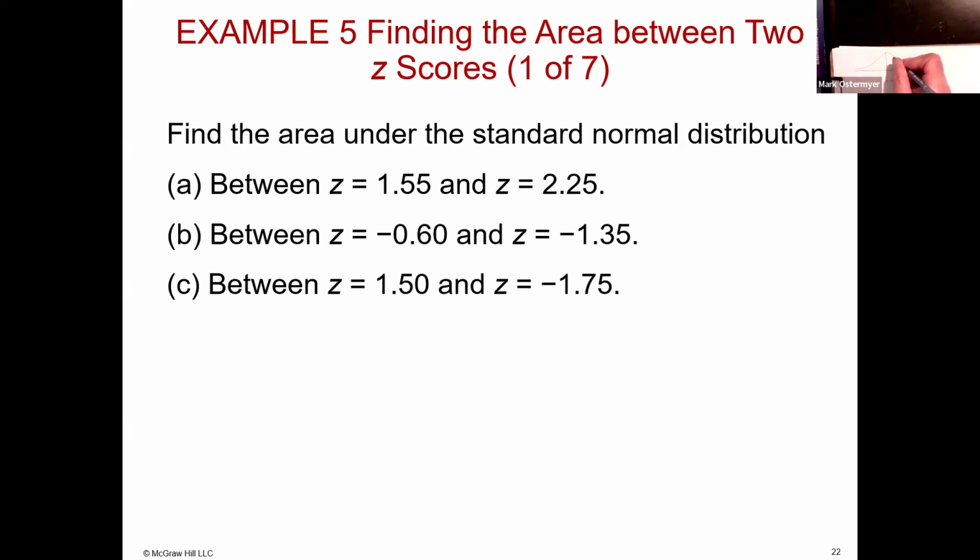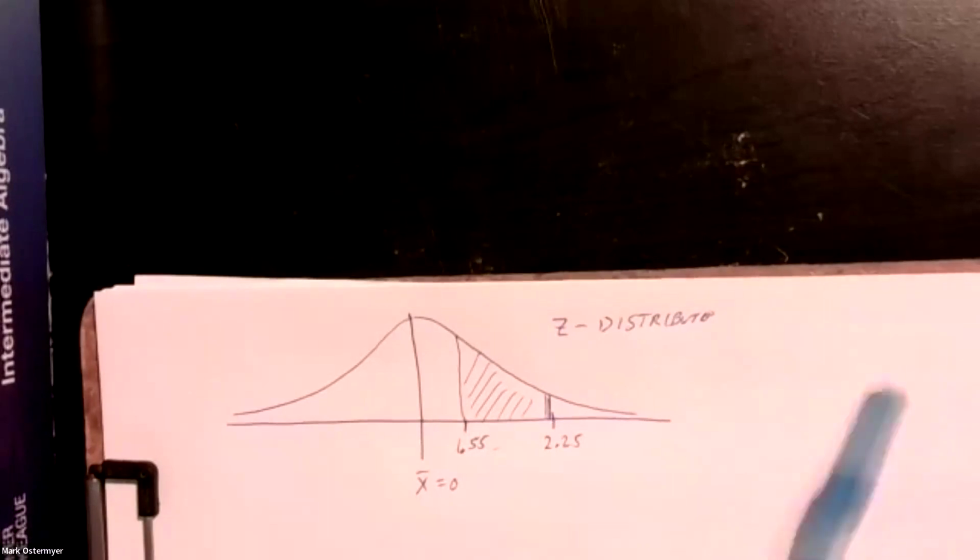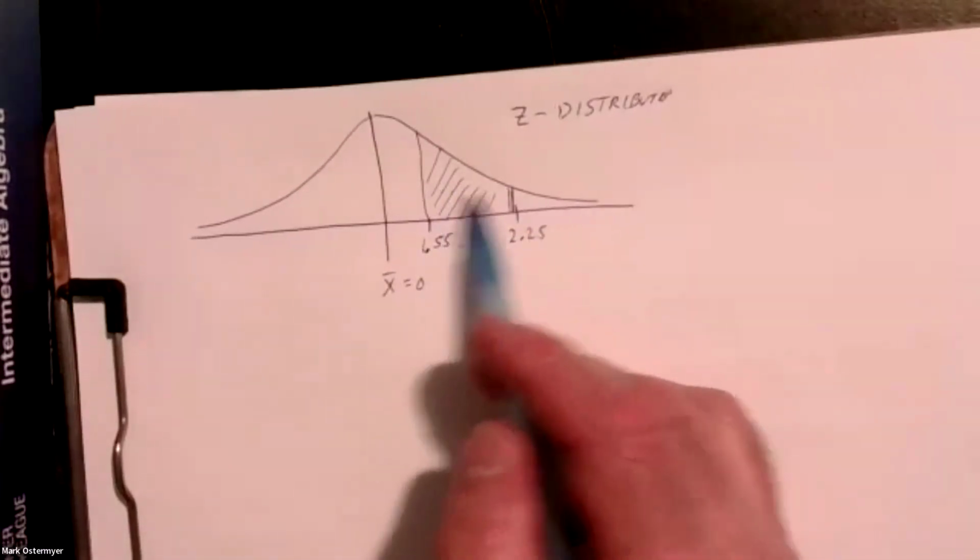So to find the area between these two values here, underneath the standard normal distribution curve, sometimes we call it the z distribution, you have to find this area underneath this curve here. So between those two z values, we're being asked to find this area here, which is this shaded area here.